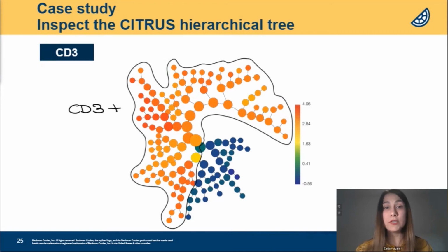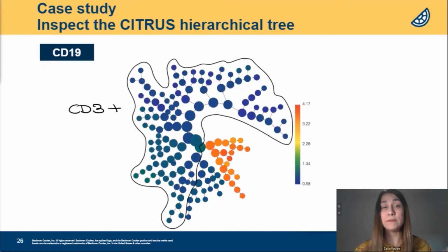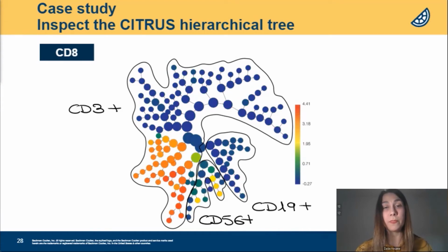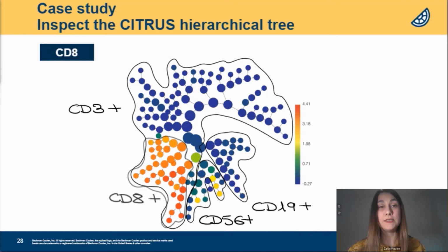We can do the same for our B cells, looking at the CD19 expression, and we can mark that also on our tree. We can also do that for the CD56, for the NK cells here, but we can go one step further. For instance, we can look within the CD3 T cells, which ones are expressing CD8, and which ones are expressing CD4.